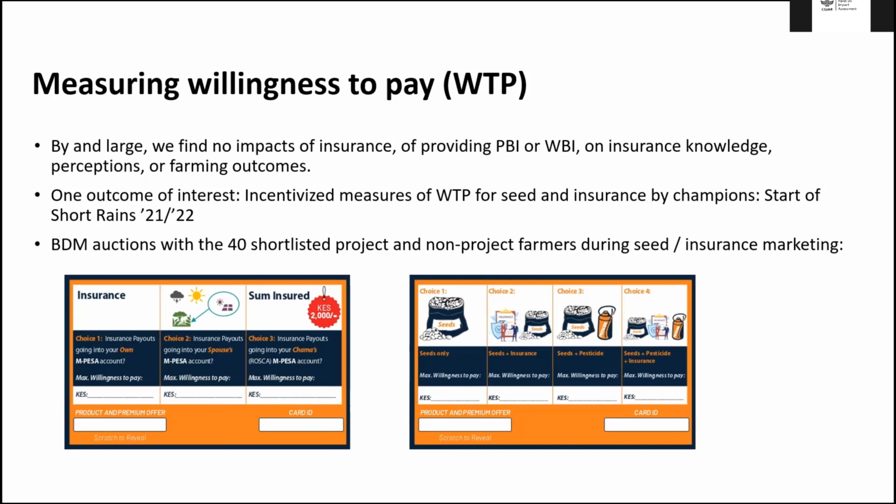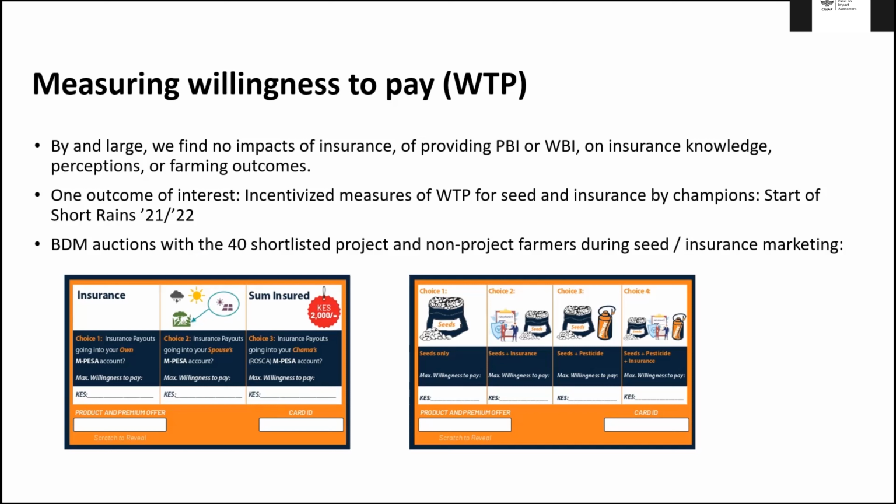So champion farmers in the picture-based insurance treatment arm were not aware that they had a much different product from other champions. And so that is something that Acre Africa has been focusing on in the training moving forward, to really beef up the implementation and make sure that champions are more aware of the terms of the insurance products that they are providing. So that is work in progress.